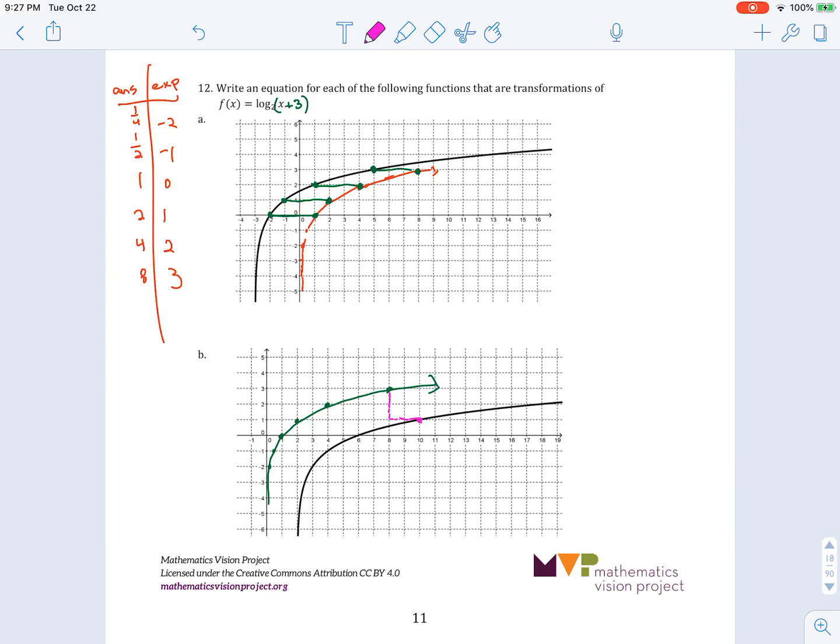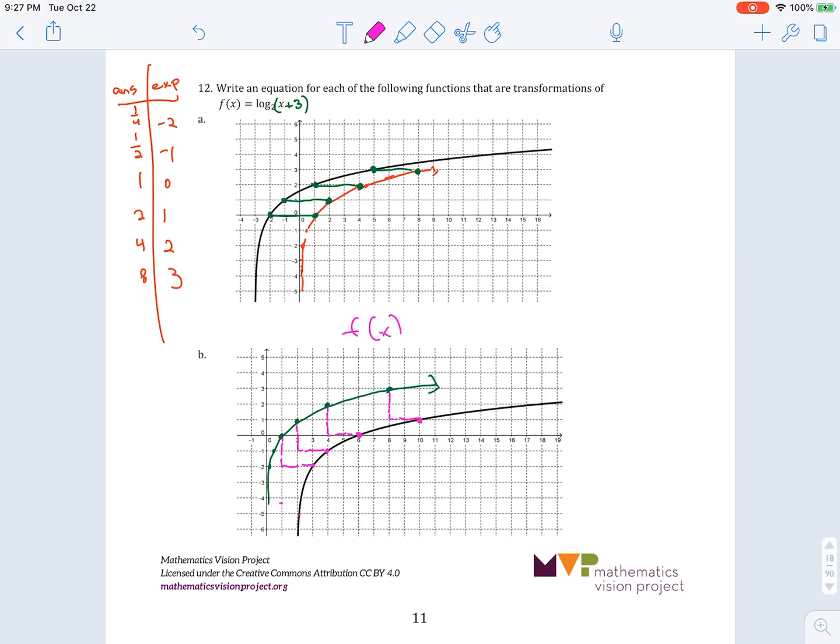Let's see if that's true for other concrete points. That looks pretty good. And it works for that one, and then it seems to be working in here too. So we seem to have a shift of down 2 and right 3.